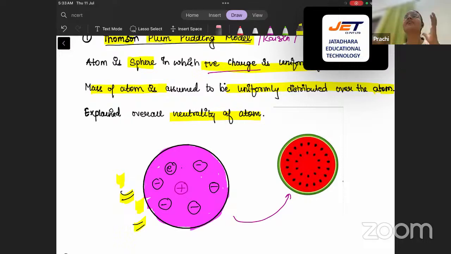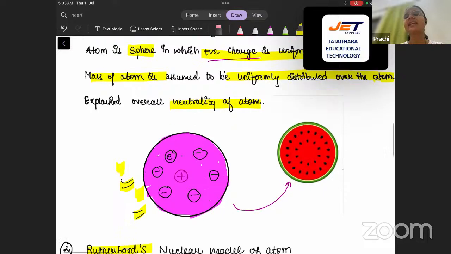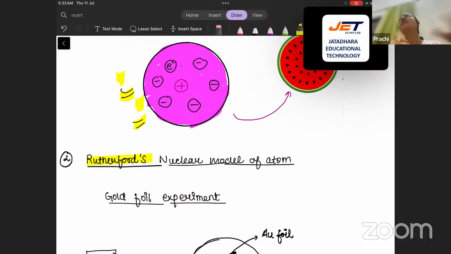But when he conducted the experiment, he got something else. He was expecting observation according to the model given by J.J. Thomson, but once he conducted the experiment, what he observed was totally different.